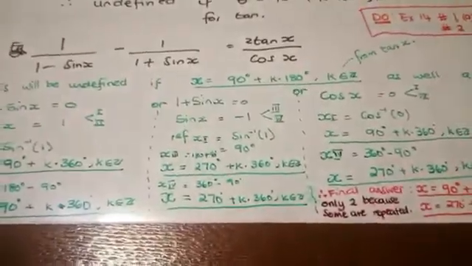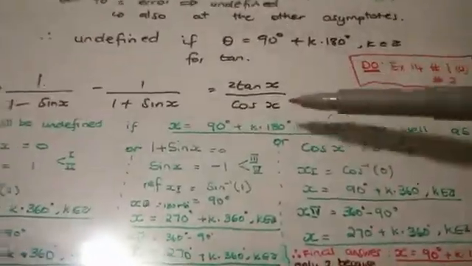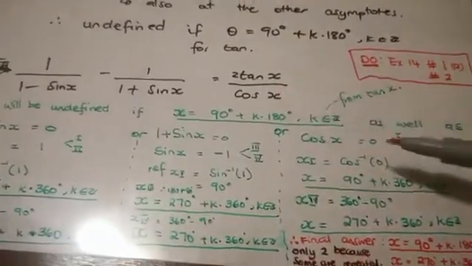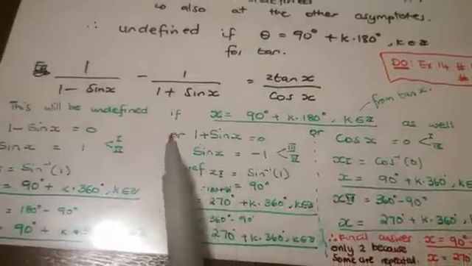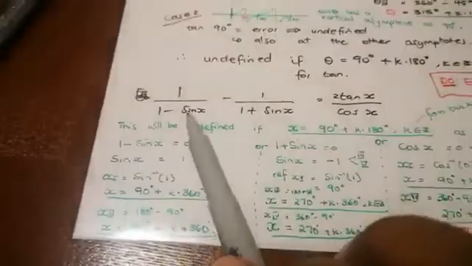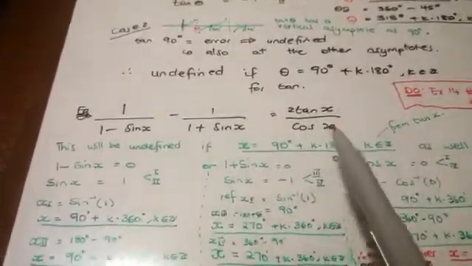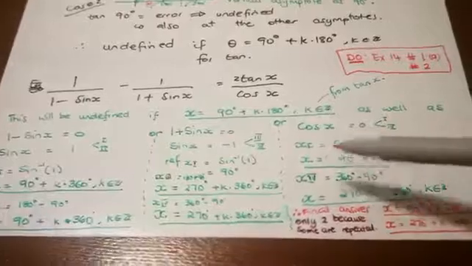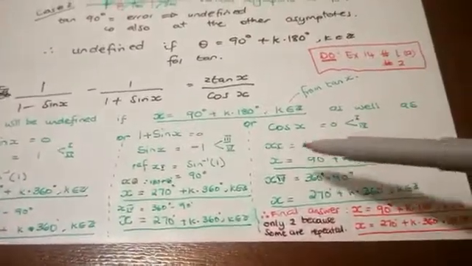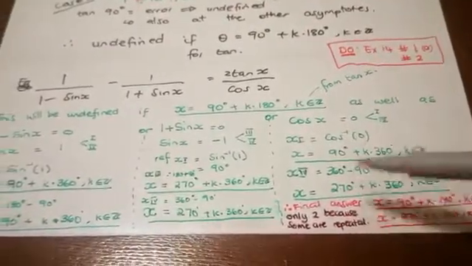Then the last one would happen if cos x is equal to 0, because it could be this fraction, or this fraction, or that fraction that causes it to be undefined. This one gives me 90 and 270.